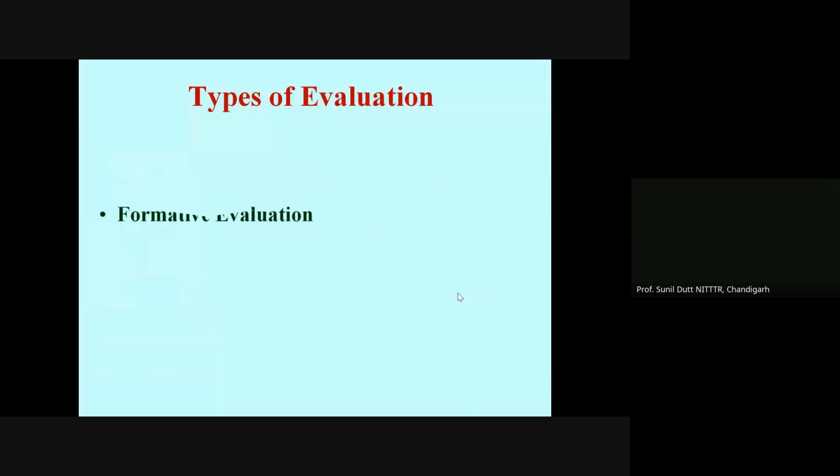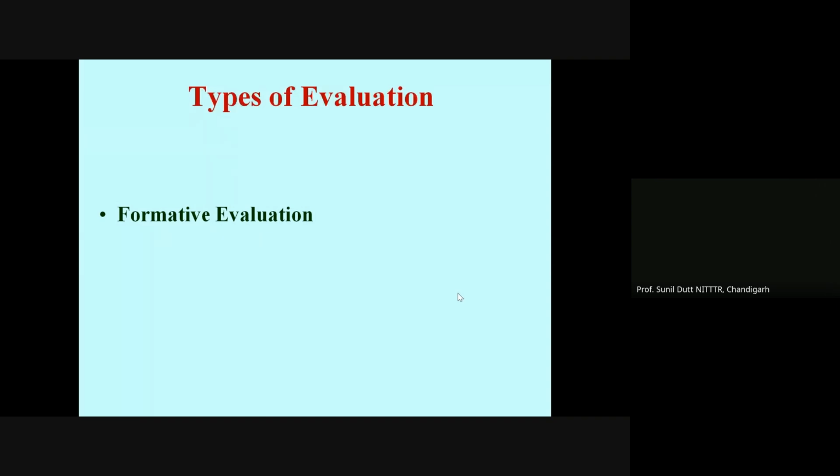Then comes the formative evaluation. This type of evaluation measures the student's learning progress during instruction. For example, in a classroom, say you have broken down the topic into three to four subunits. After giving information and input on the first unit, you can ask one or two questions.